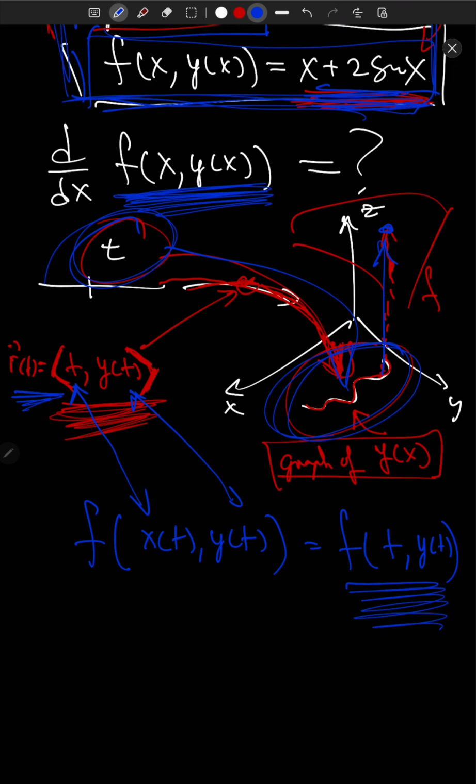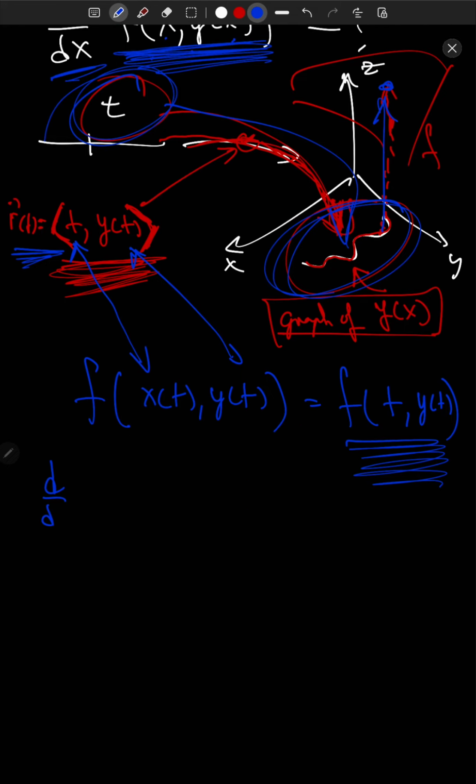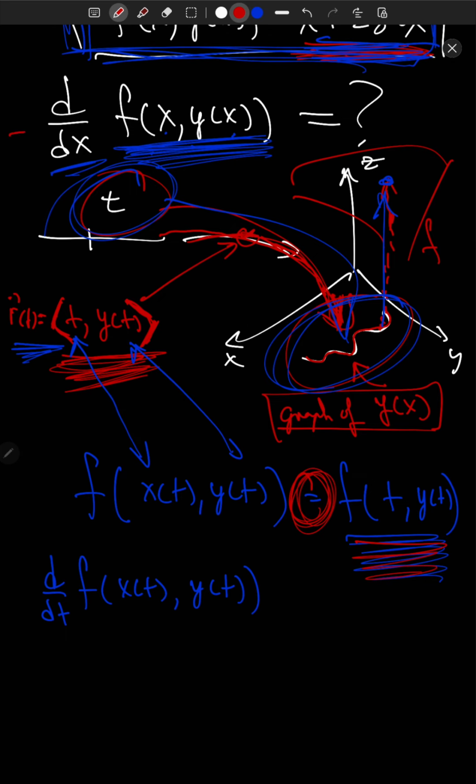We wanted d/dx of f of x, y of x, and what I'm going to calculate is d/dt of f of x of t comma y of t. Because of this equality, it's literally the same as what I wanted originally, except my variable name will be t instead of x, but I can just convert all my t's to x's at the very end if I want.